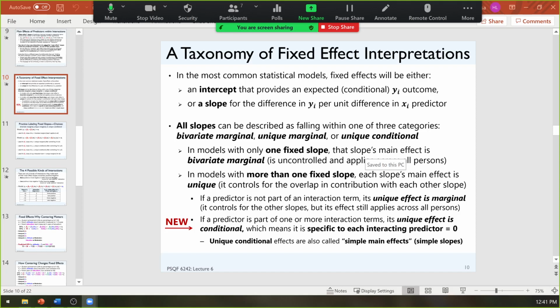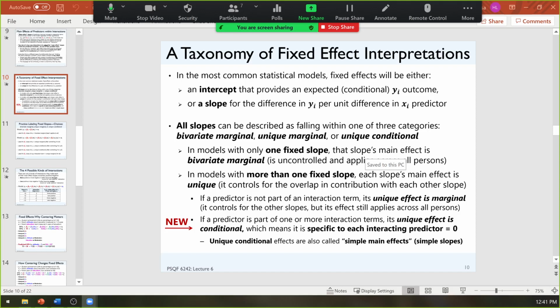Simple main effect has that same connotation, but it comes from an ANOVA framework, where you have marginal means and cell means, and simple main effects are differences between cell means. That's where that terminology comes from. But it is a function of a predictor when it is included in more than one term in the equation.